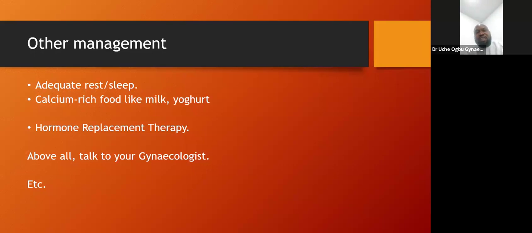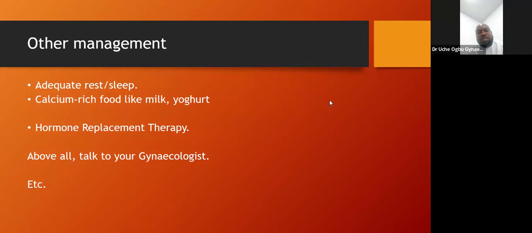Then lastly, you can have hormone replacement therapy. Hormone replacement therapy is actually a big topic, and I think it is beyond the scope of this discussion. But to just summarize, it's a form of treatment where you try to replace certain hormones with the aim of helping the woman either achieve pregnancy or reduce the symptoms she's having.